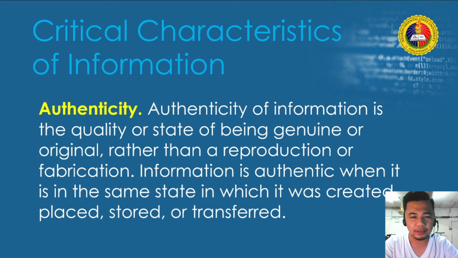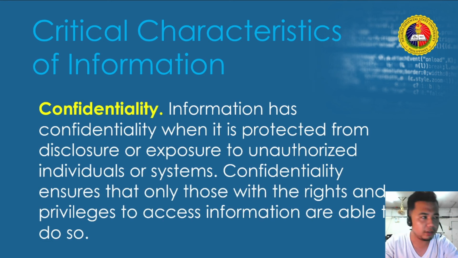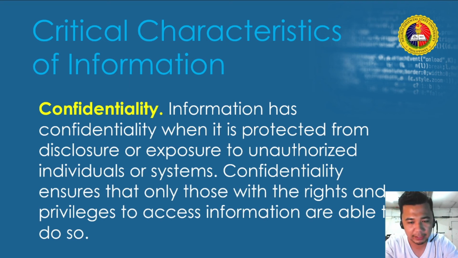It should be given from the people or the organization of origin, and it must be given to the people who actually need it. That is authenticity. And then we have confidentiality. That is when information is protected from disclosure or exposure to unauthorized individuals or systems. Basically, keeping the information only to those people who are authorized.